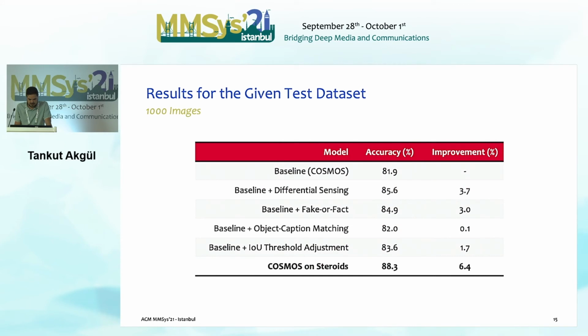And here are the results. So the baseline is 81.9%, which is Cosmos running on the test set provided for this challenge. It's 1,000 samples in it. So we got 81.9% accuracy with the baseline. If we apply differential sensing alone, we get a 3.7% improvement.